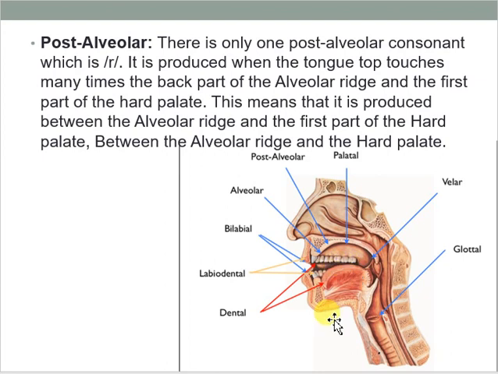The tongue is curled back، يعني يلتف للخلف.